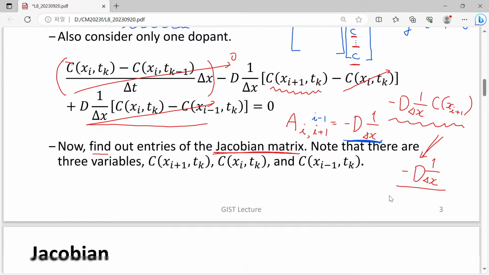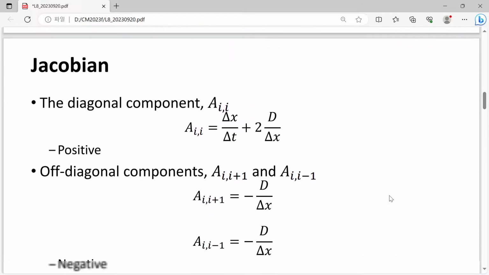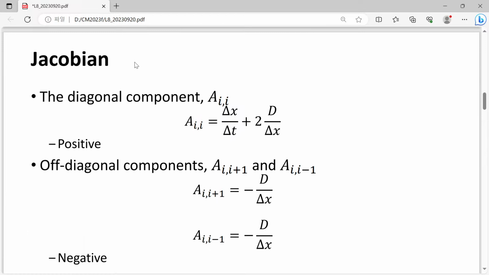So as we did, if we calculate the entries of Jacobian matrix, then we can find that this is corresponding to the diagonal component, and these are corresponding to the off-diagonal component.